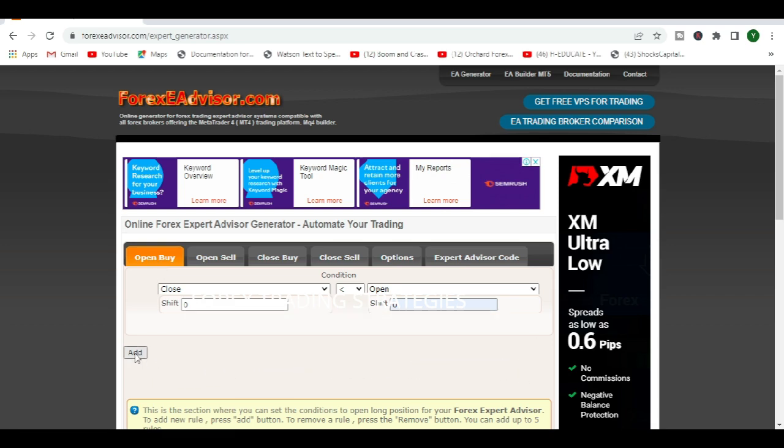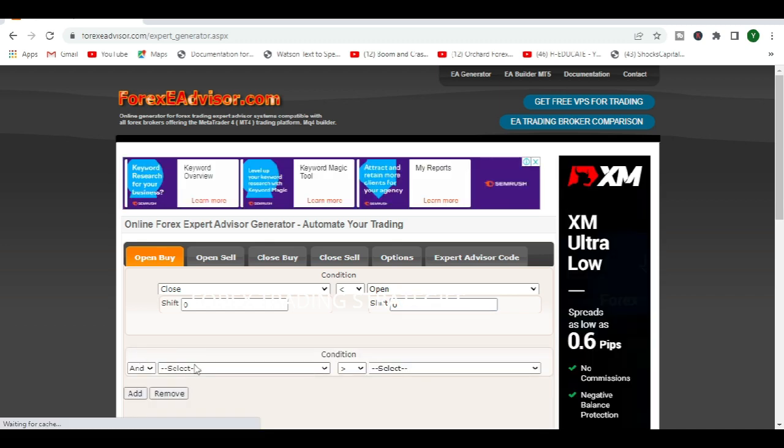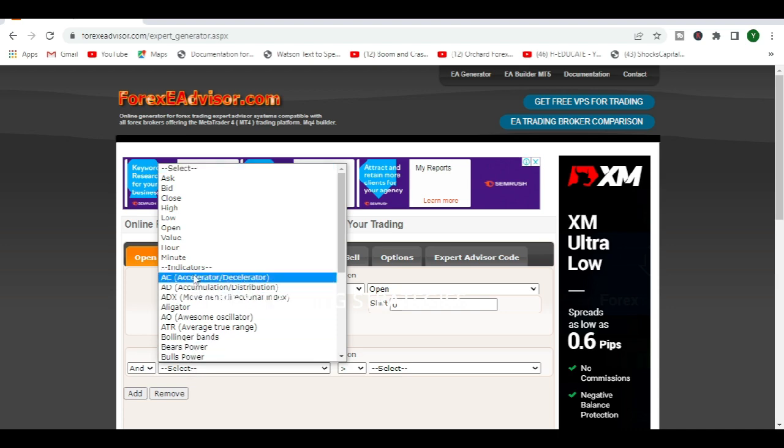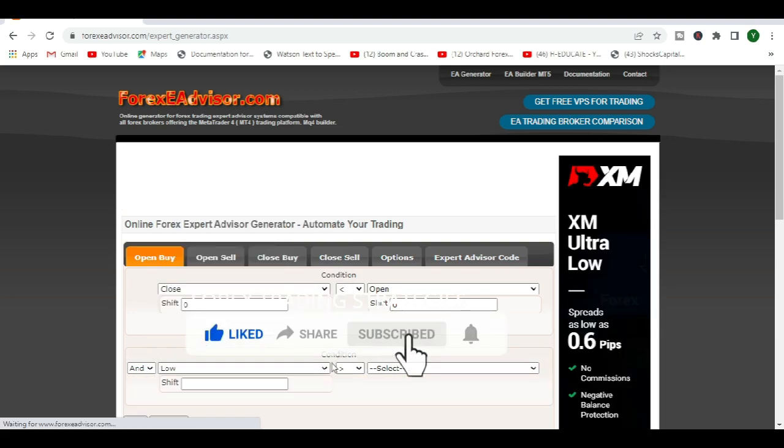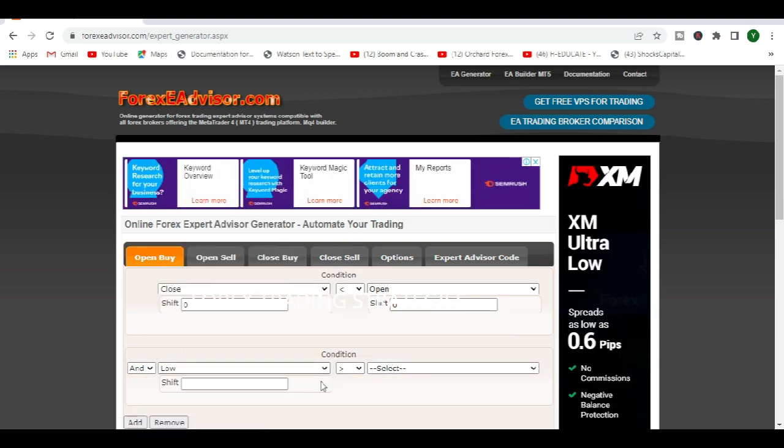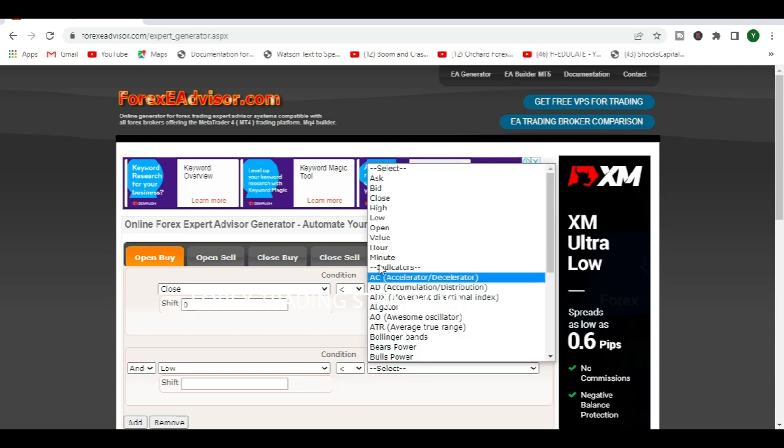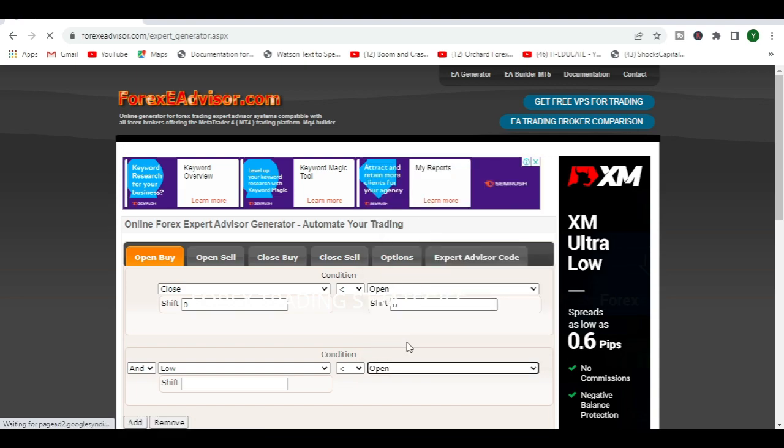Or we can actually add another condition. We can actually say the previous candle, the price, we are looking at the low. If it does have a tail, it also needs to be lower than the open price of our current candle, of our new candle.